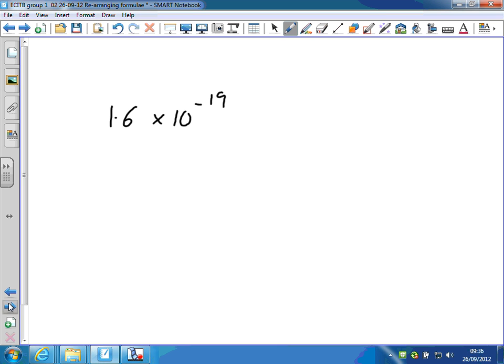If I write this number down, I will put a bracket around it. You don't need to put the bracket around it when you put it into the calculator, but if you're writing the number down, just to keep it as a number, use a bracket.